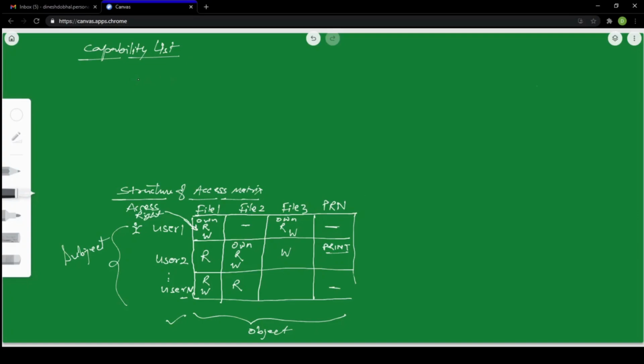In the previous example, that is in case of the access control list, the linked list was created for every object. Here the lists are created for every subject, that is list is created subject wise, that is for every user. So first list will be for user 1.